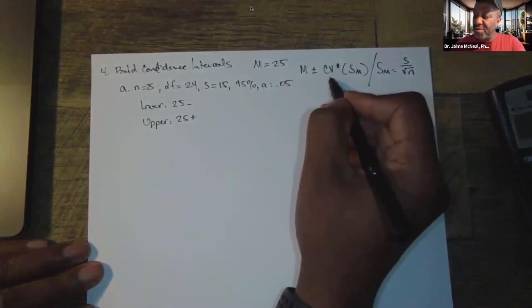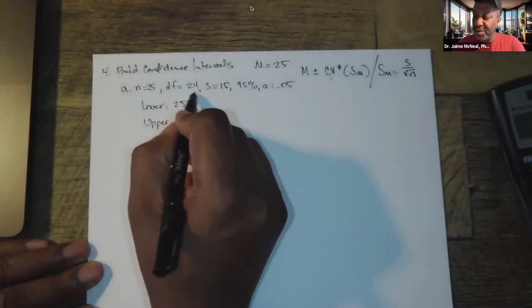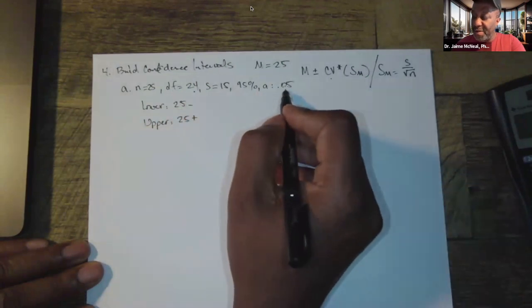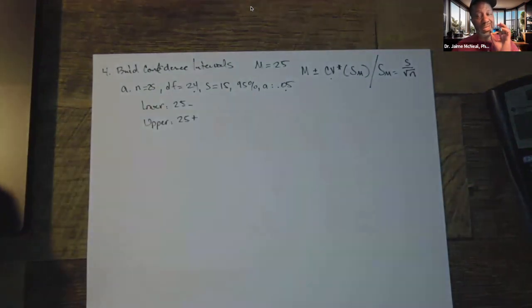Now we need the critical value. We need the critical value for a degrees of freedom 24, for an alpha of 0.05, but for a two-tailed test, right?